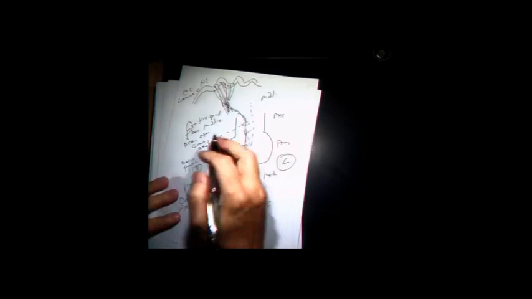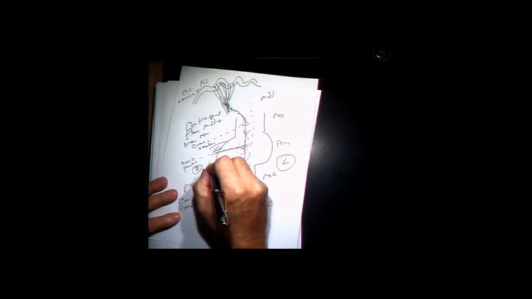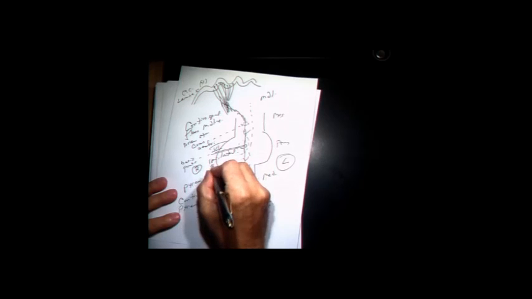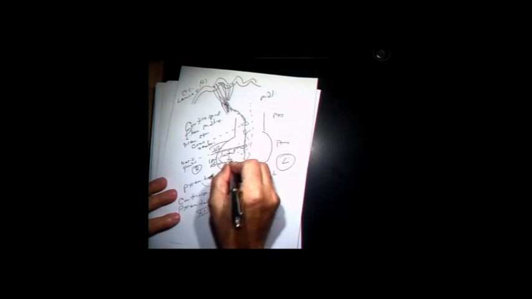See that? You can't abduct on the right. Follow the target moving to the right. Left eye abducts, right eye cannot abduct. So, I lose ipsilateral abduction.